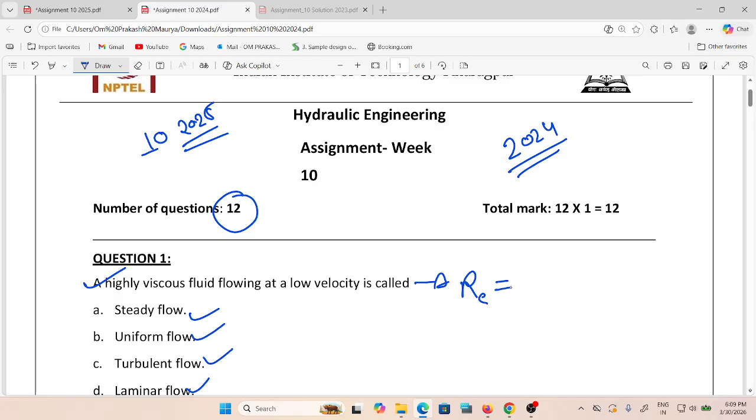What is Reynolds number? Inertia force divided by viscous force.